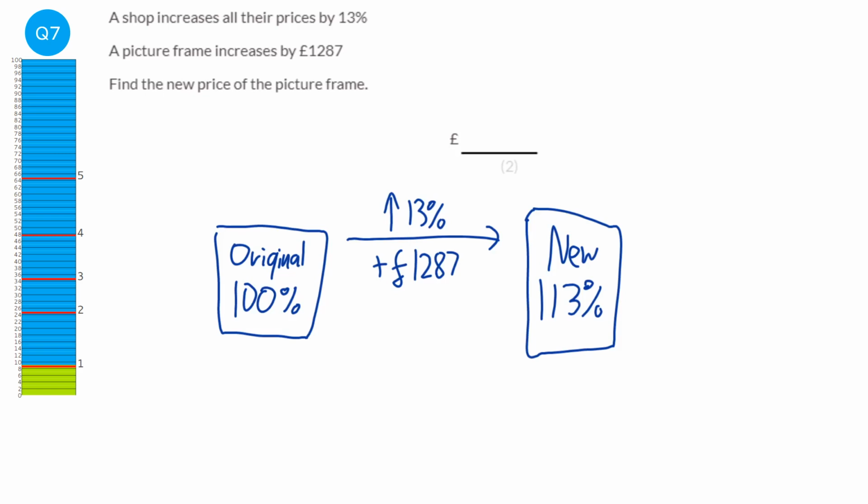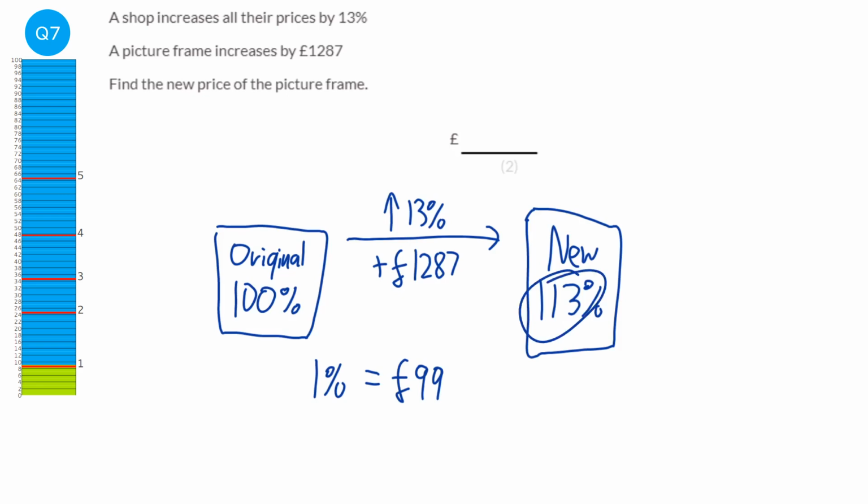So what we're going to do is work out what 1% of the price increase is. Instead of 13%, we're going to work out what 1% is. And we're going to do that by dividing the amount by 13, and we get 99. So 1% of the original represents £99.